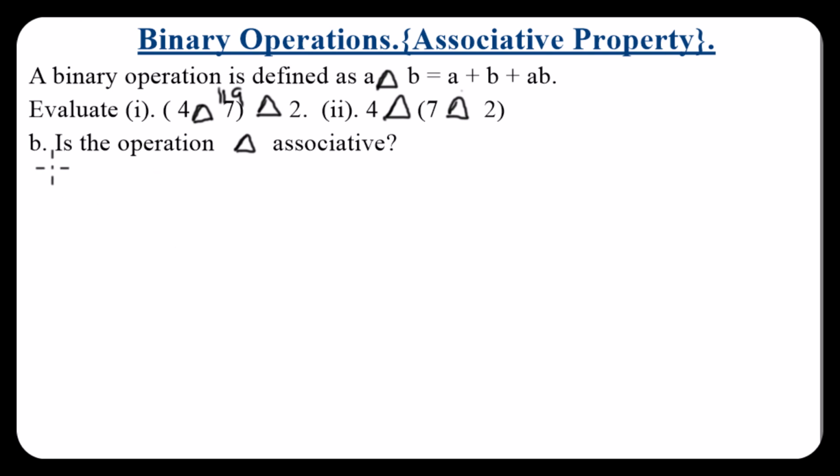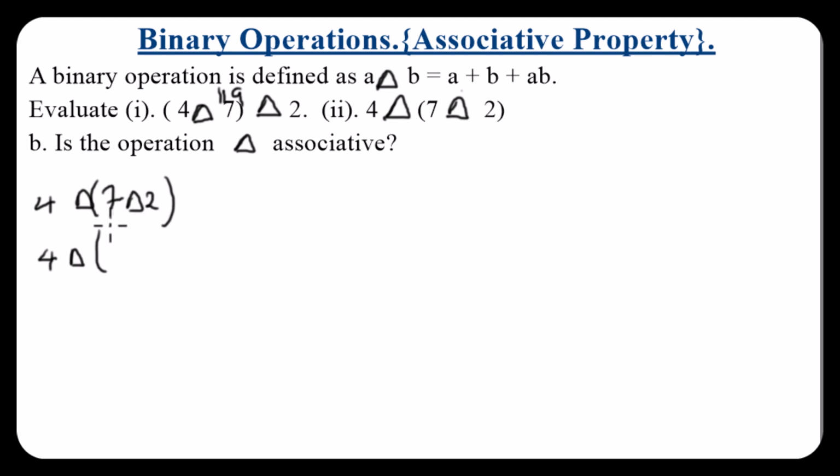For the second part of the question, we have 4 delta (7 delta 2). For this to be associative, the first expression evaluated in the first place must be equal to the second evaluation. Again, we start with the one in the bracket. So we have 4 delta, then 7 delta 2.